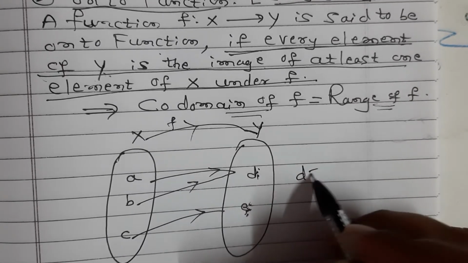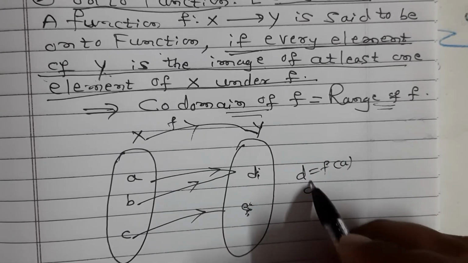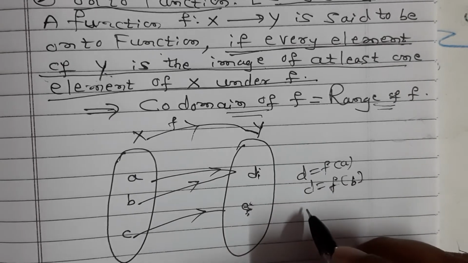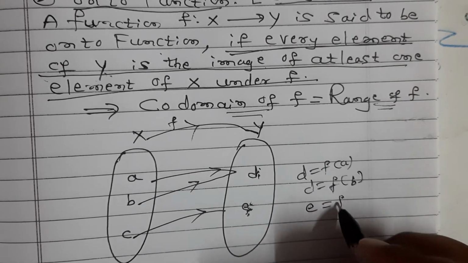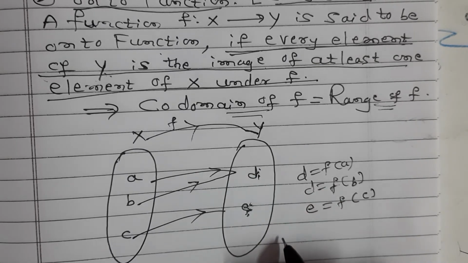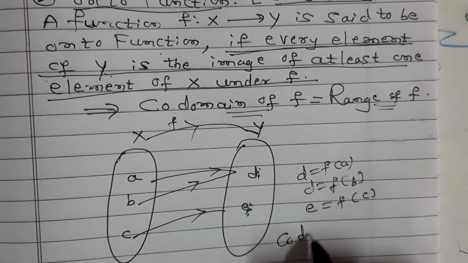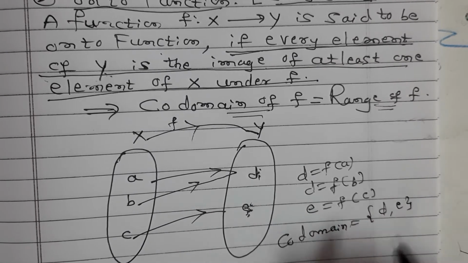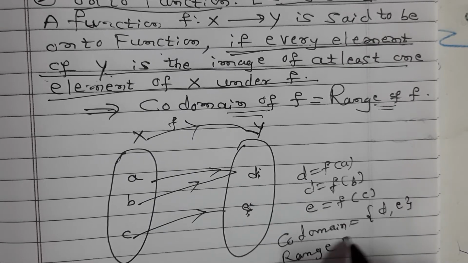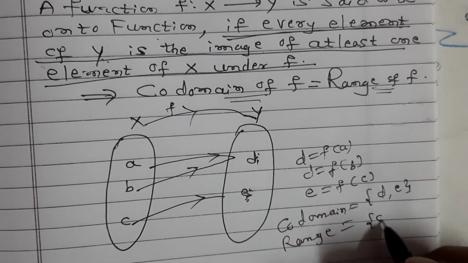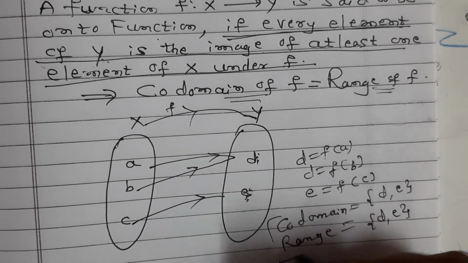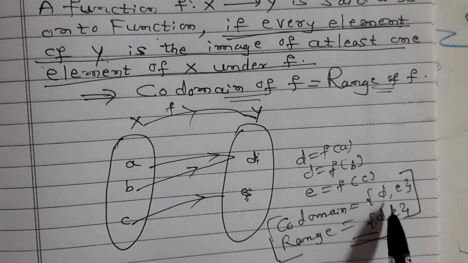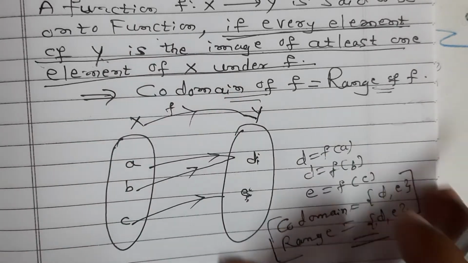D is the image of A, also D is the image of B, then E is the image of C. So here, the codomain is D, E, and the range is also D, E. See here, codomain is equal to range. Such a function is called an onto function.